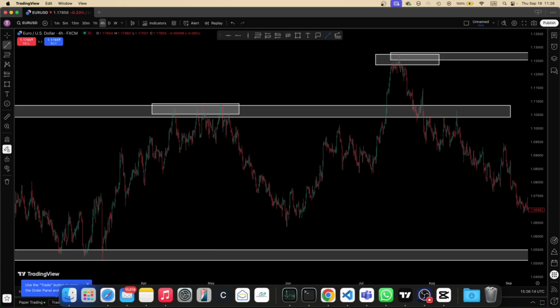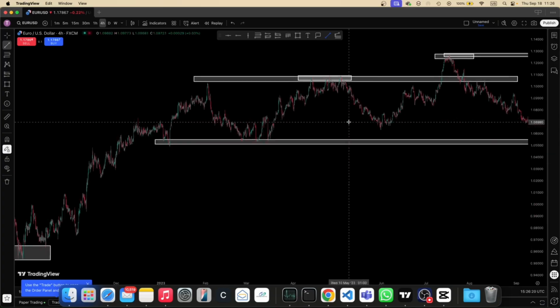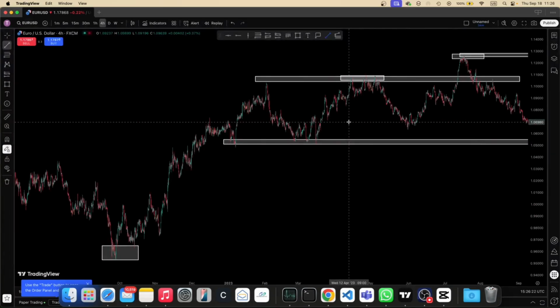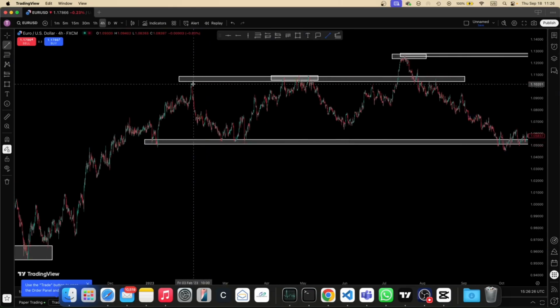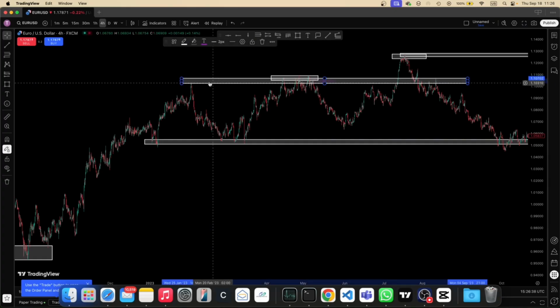And how to actually practice this, try to look at it as zones. Separate your thinking so that you're not looking at an exact point. Don't think, oh, this didn't hit by another 10 pips, so this is not the zone. Look at it as a big zone, where these are the areas where a lot of sellers are present and they can push anytime.